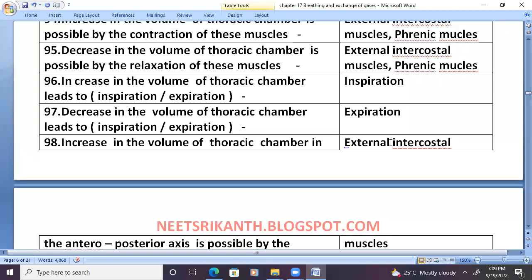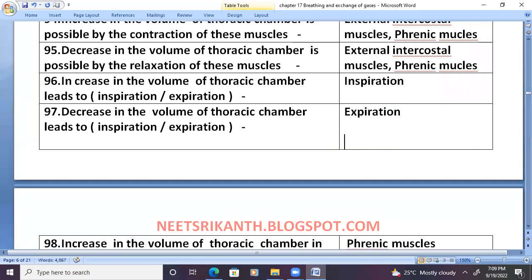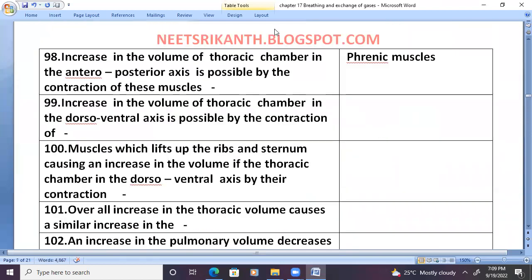Here we made a small mistake. The muscles related to the anterior-posterior axis we call phrenic muscles. Increase in the volume of the thoracic chamber in the dorsoventral axis is possible by the contraction of the external intercostal muscles, which are associated with the ribs.